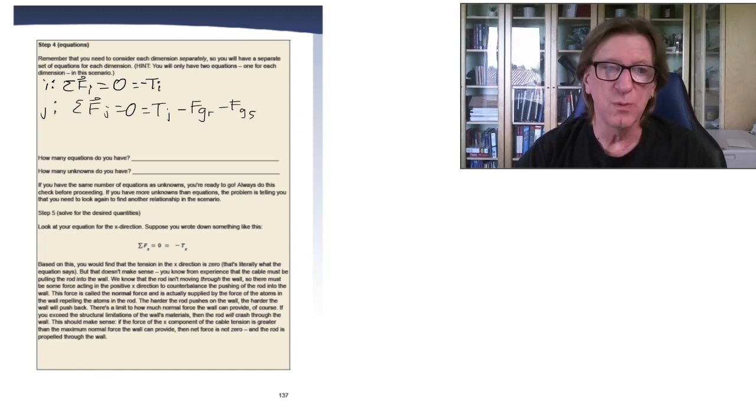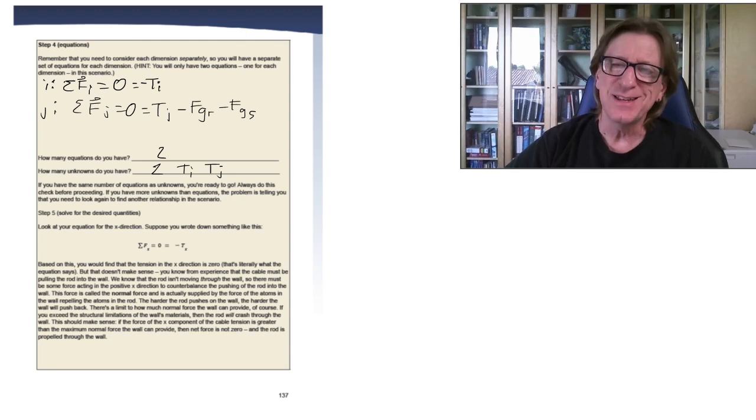So how many equations do we have? Well, we've got 2, one for each one of the equilibrium statements, Newton's second law equals 0, for each of our components. And how many unknowns do we have? Well, we've got 2. We need our Ti and our Tj. That's our 2 components. So we've got 2 equations, 2 unknowns. We're good, right? Everything looks good.